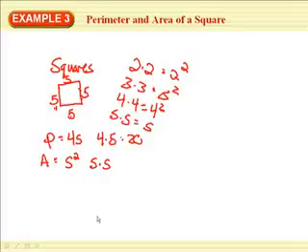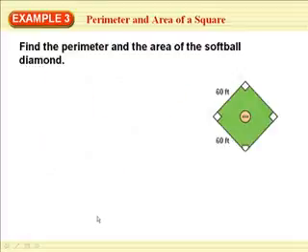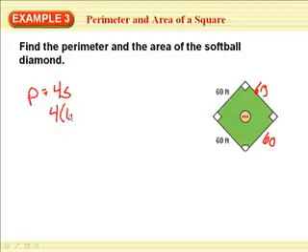All right, so let's take a look at this. We have find the perimeter and the area of the softball diamond. So notice it's 60 feet by 60 feet, so it is a square, even though it looks like a diamond, but it's 60 here, and it's also 60 here. So to find the perimeter, we write our formula, which was 4s, or if you want to add 60 plus 60 plus 60 plus 60, but the formulas are supposed to try to make our lives a little bit easier. 4 times 60, 4 times 6 is 24, and you add a 0.